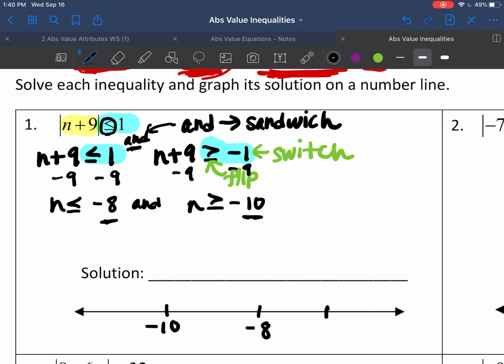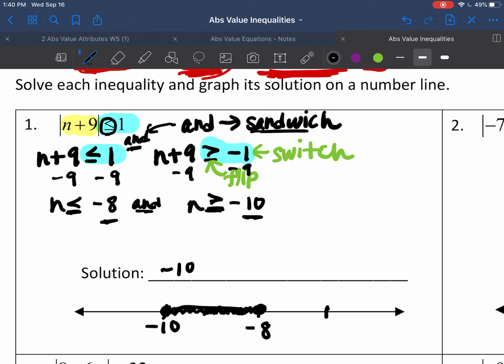Since this says less than or equal to, I'm going to put closed circles on those points. Less than or equal to -8 is this way, and greater than or equal to -10 is this way. It makes a sandwich just like we said it would. When you write your final answer, you're going to write it as a sandwich inequality.